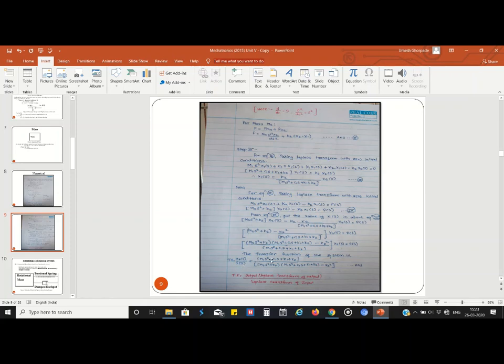It is equal to (m1 s square plus c1 s plus k1 plus k2) divided by [(m2 s square plus k2)(m1 s square plus c1 s plus k1 plus k2) minus k2 square]. So this one is our final answer.